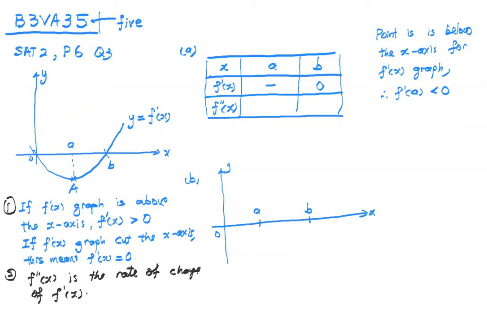So if the f prime x graph is going down, therefore f double prime x will be less than 0.